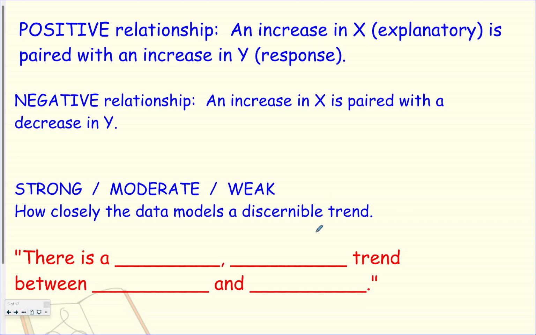So there is a strong positive trend between hand size and height. And there we go. All you have to do is remove those and replace them with the appropriate context for whatever problem that you're doing.